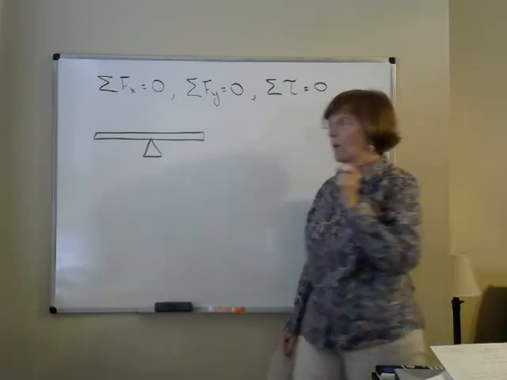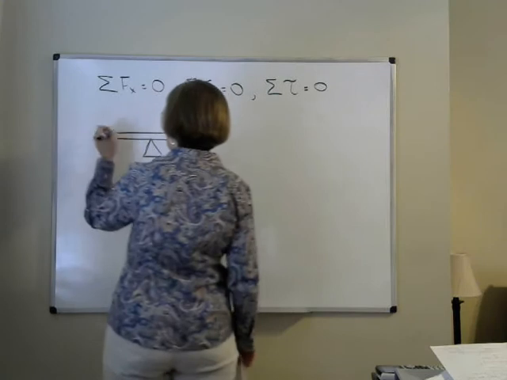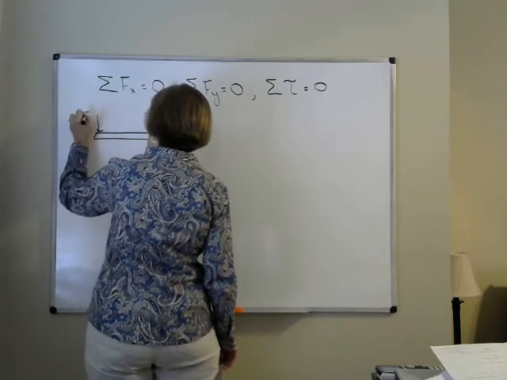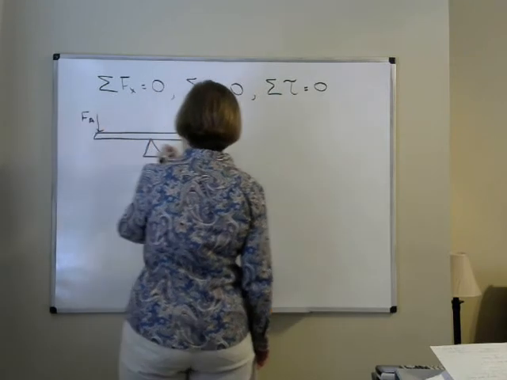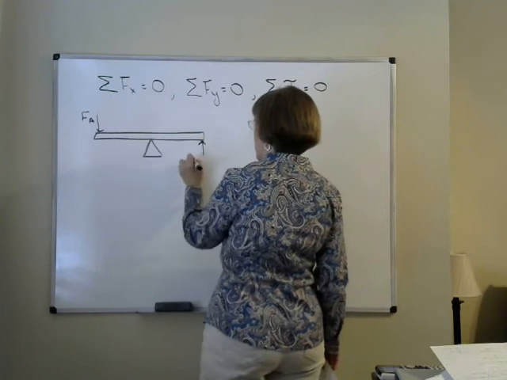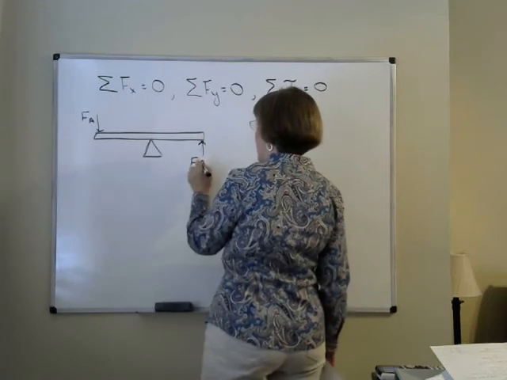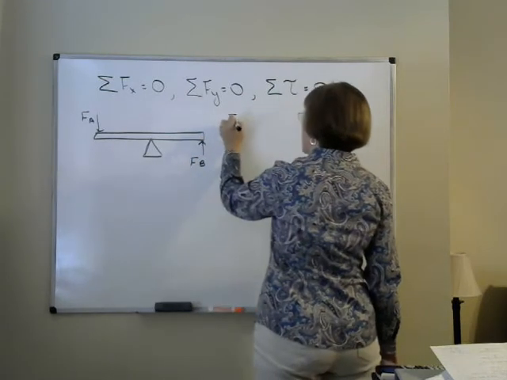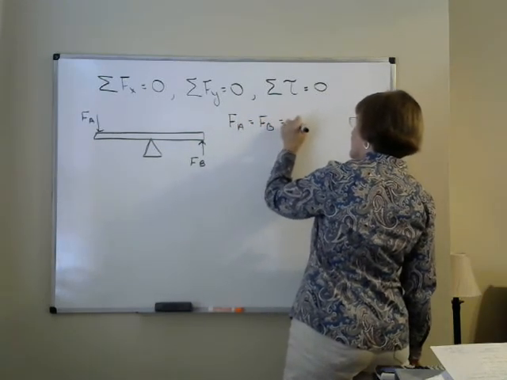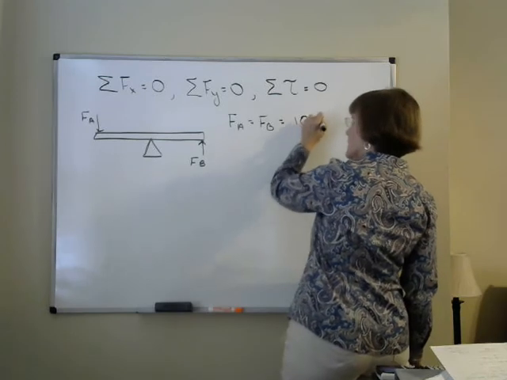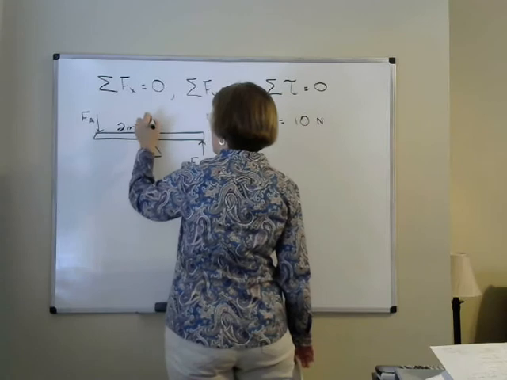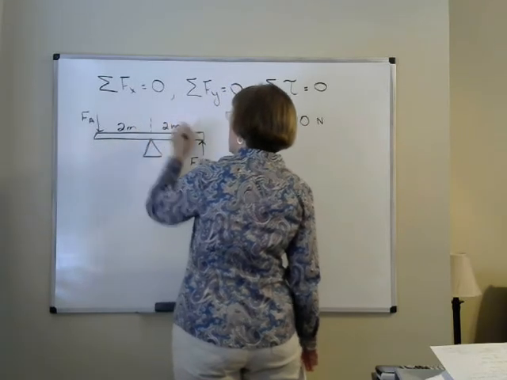Okay, what if I tell you that I'm going to put a force here and I'm going to put another force here. And if those two forces are equal, we'll let them be 10 newtons. We'll let this be 2 meters to the center of the board, 2 meters again.